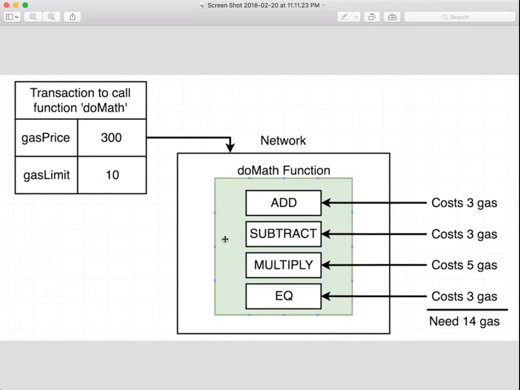So now we spent 14 gas, and we need to see how many units of Wei we have spent. And we said we were willing to spend 300 Wei. So let me pull up a diagram so we can figure out the math to this.